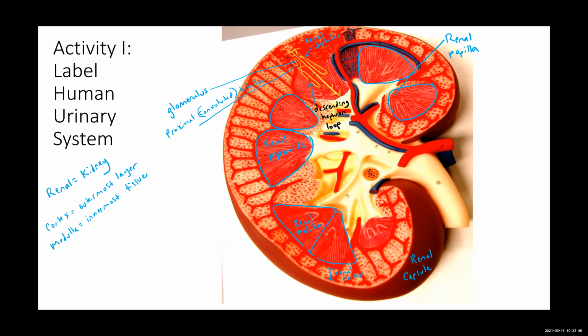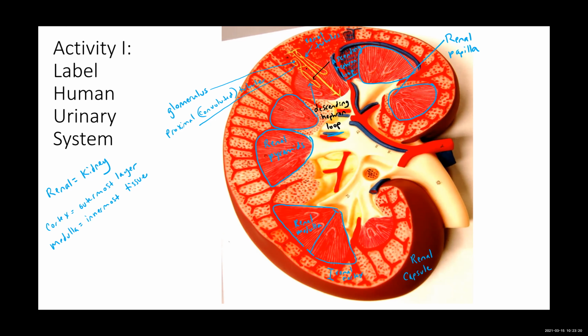And so where it goes back up, we would call that ascending nephron loop. And so clearly anywhere we have the loop, so I'll trace it down, anywhere we have the loop, that is going to be the nephron loop. So the nephron loop has a down and an up, a descending and an ascending.